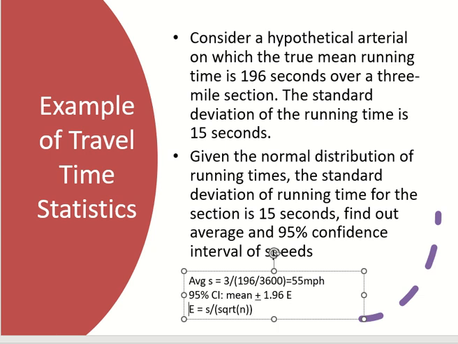So give me the confidence interval. 1.96 times E. Now like we calculated the average speed, you can calculate the confidence interval of speed as well. You will use these 2 times.